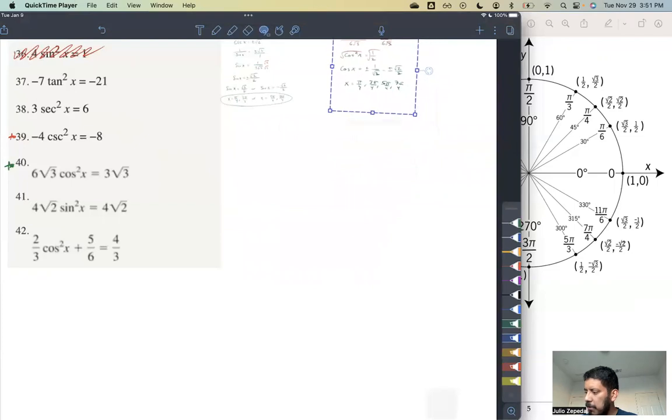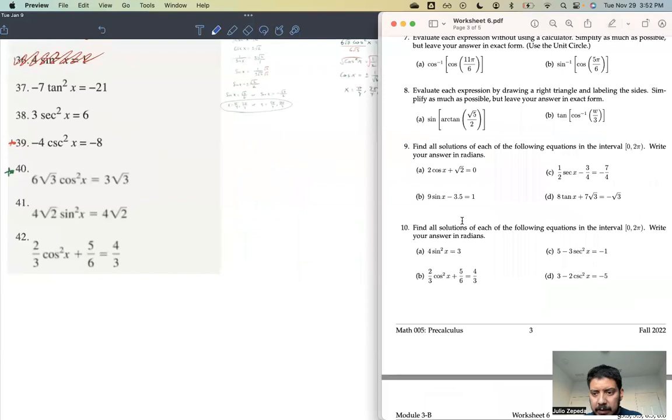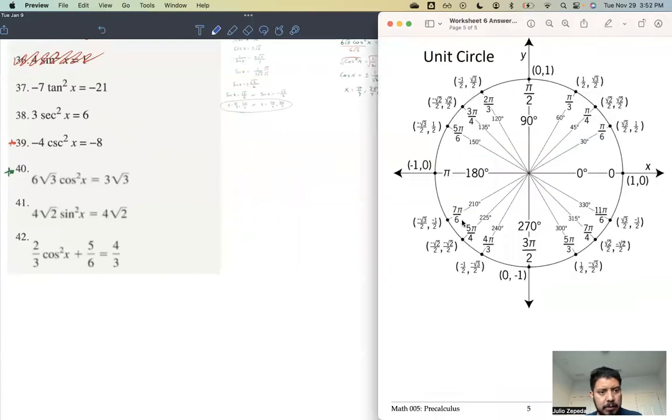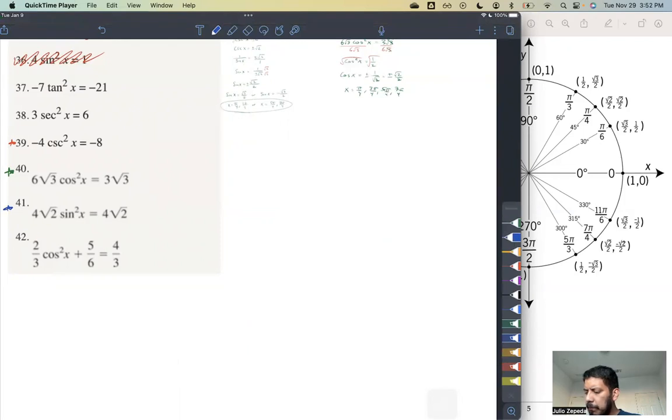So let's try one more. Let's take a look here. This is really the last one. Let's hope that this one doesn't come out too. We'll do number 37 here.